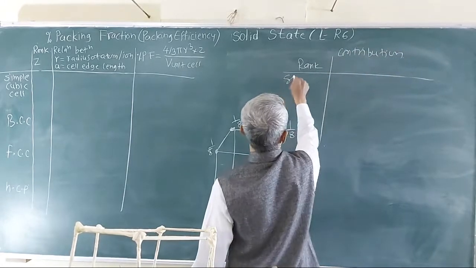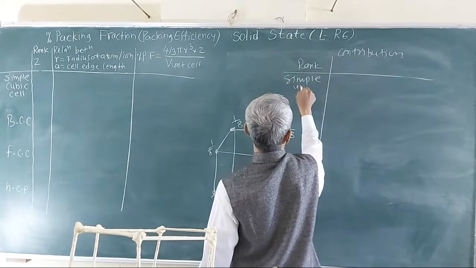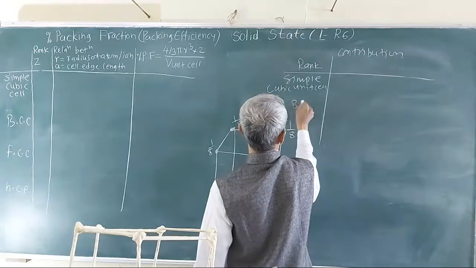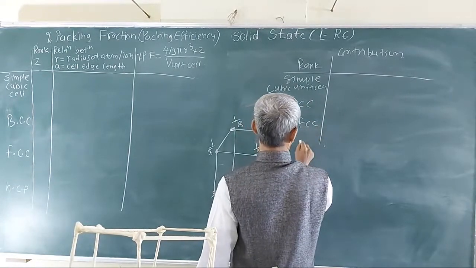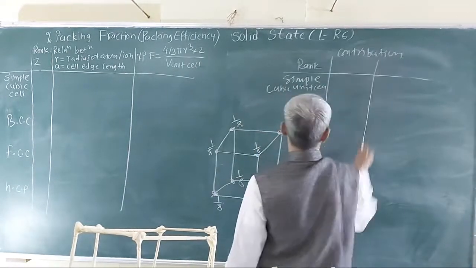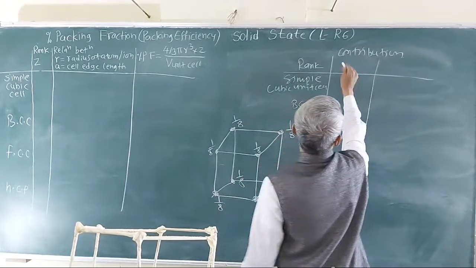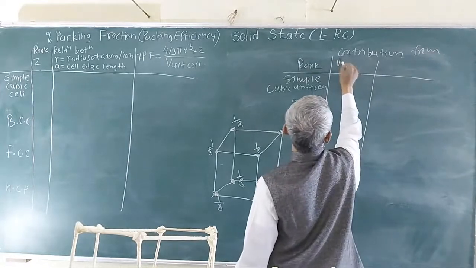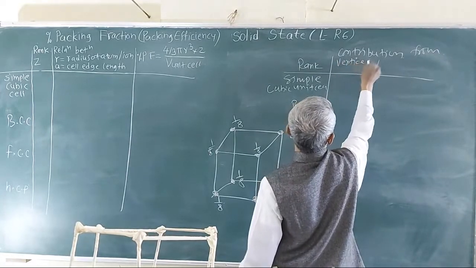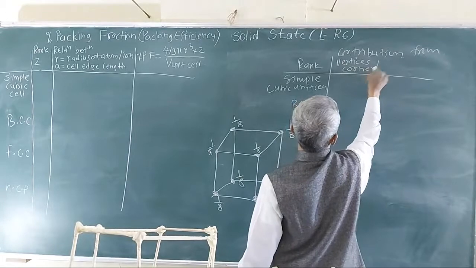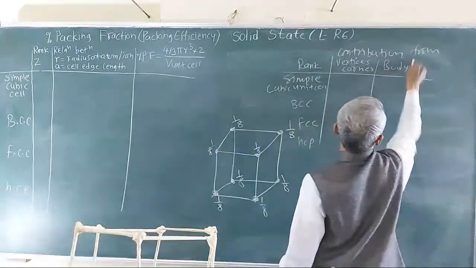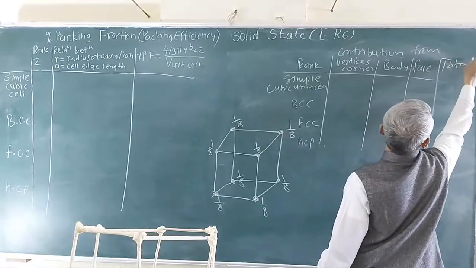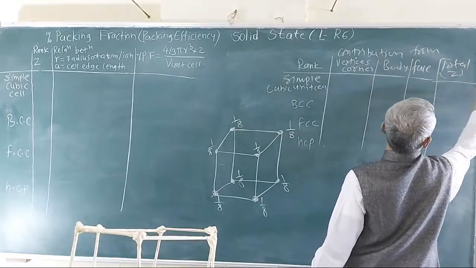Okay. Suppose that this is a simple unit cell, cubic, or BCC or FCC, and HCP. Okay. Contribution from the vertices, that is corner atoms, or body center, or face, and total, that is Z. Consider.